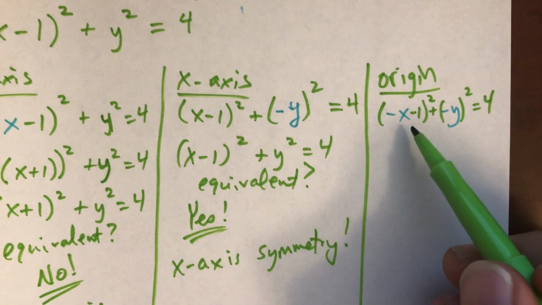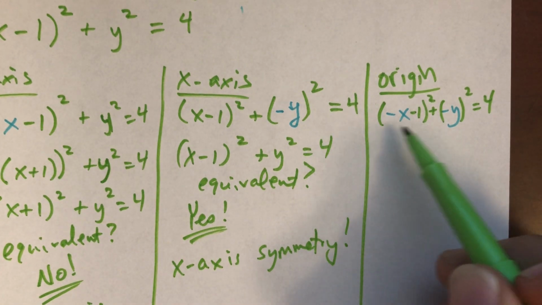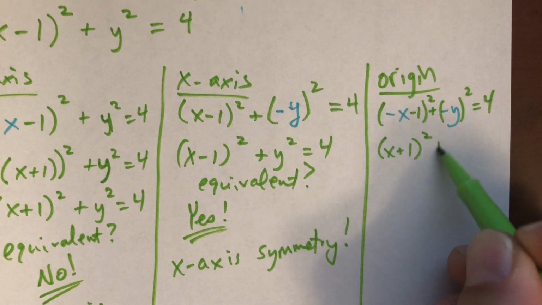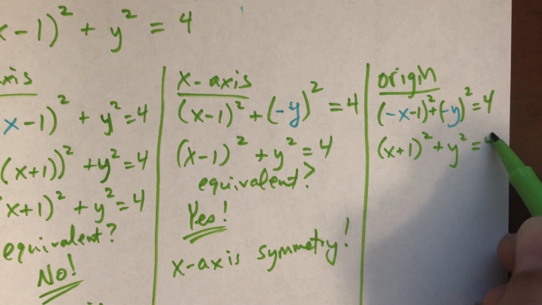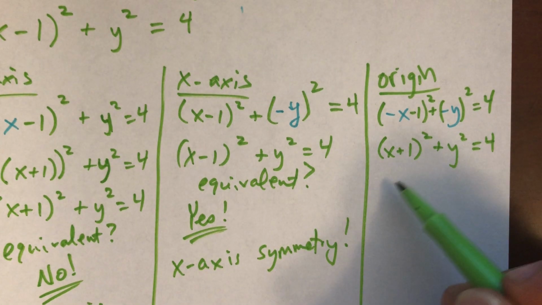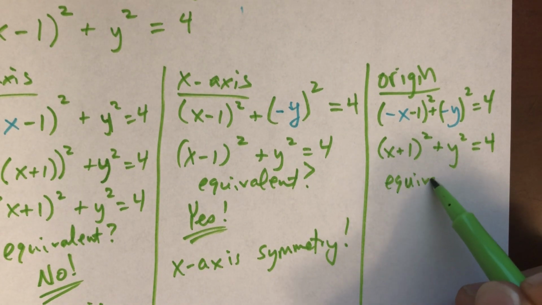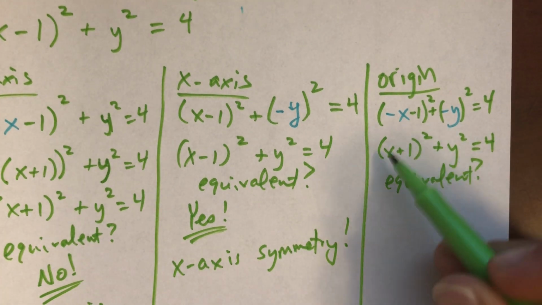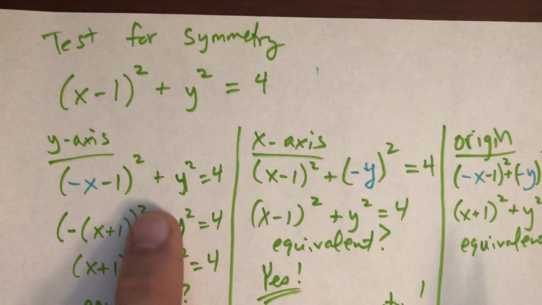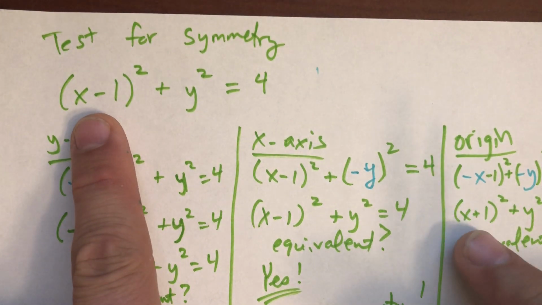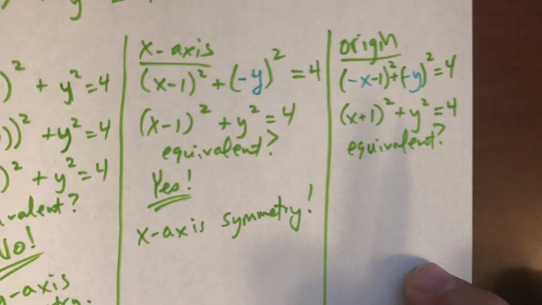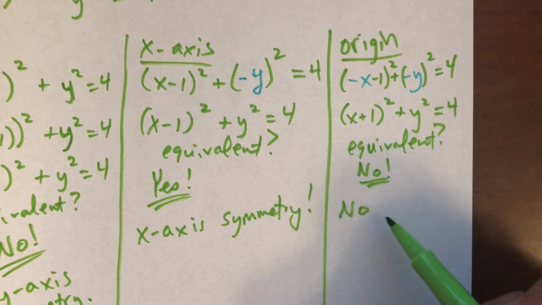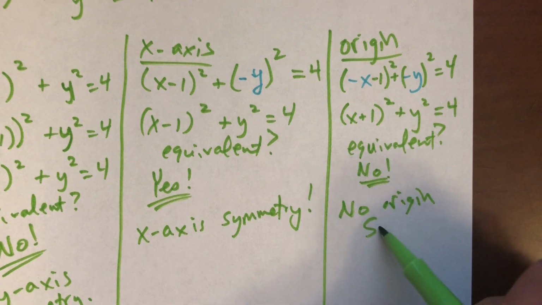Okay, so from our work on the left here, we know that this simplifies to just (x plus 1) squared. We know that that simplifies to y squared. So now we have to look if this is equivalent. And we pretty quickly say no, right? Because we'd have a minus sign in the original equation. This one has a positive sign, so it's not equivalent. So no origin symmetry.